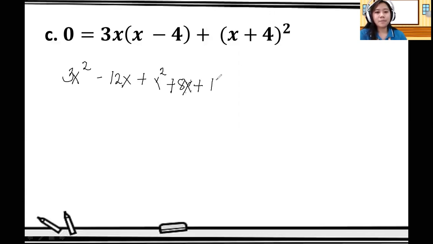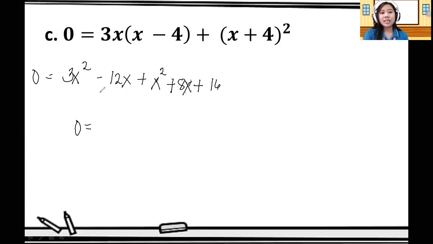Very good. So let's simplify this equation that we have. Don't forget to put 0 po sa left side. So 0 is equal to 3x squared minus 12x plus x squared plus 8x plus 16.